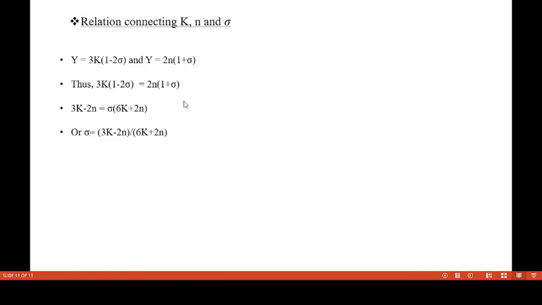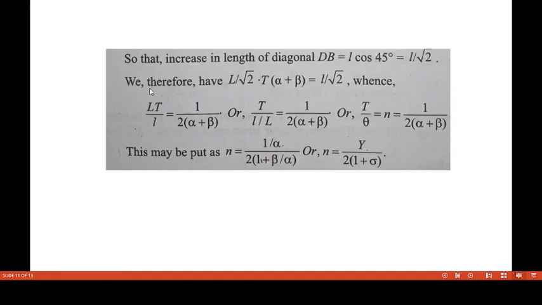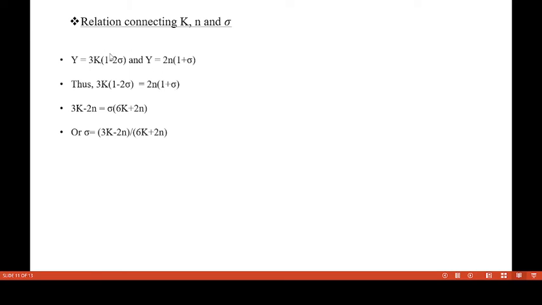And from the calculation that we did in the just previous step, we know that Young's modulus Y equals 2n times 1 plus sigma. So we can equate these two relations because the LHS is Y on both. Equating the RHS, we will obtain the relation between Poisson's ratio sigma, bulk modulus K and rigidity modulus n.